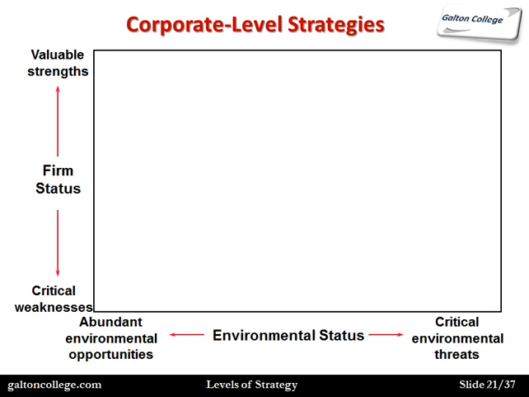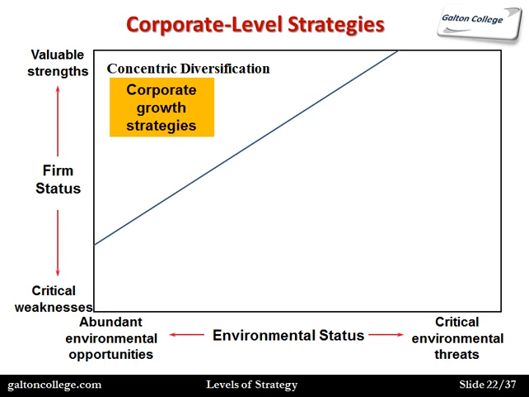And along the horizontal axis, we'd have abundant environmental opportunities, and then on the right hand side critical environmental threats. So we have two axes here, and we'll just fill out this box to see what it means.